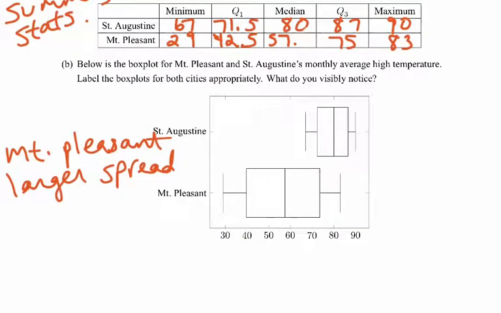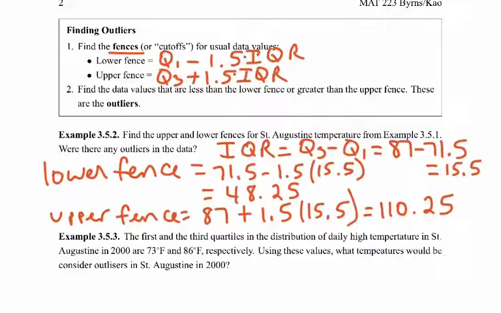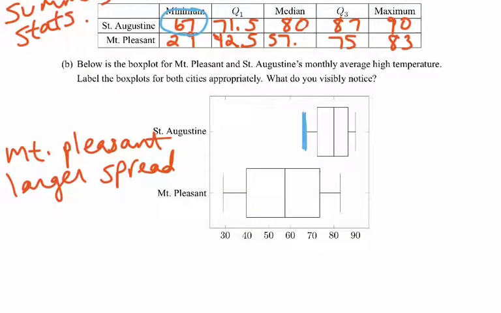Our minimum, however, was only 67. Do you see what I'm talking about? The minimum was 67. So when StatCrunch created the box plot, it drew the lower fence to the minimum of 67. It didn't go all the way to this 48.25 number because there was no such temperature in our data. Our data didn't go past 67.